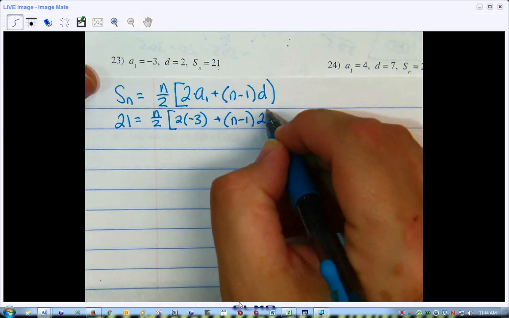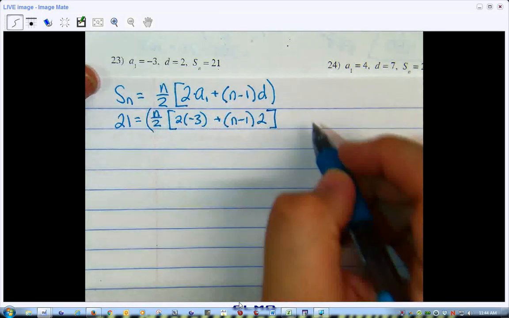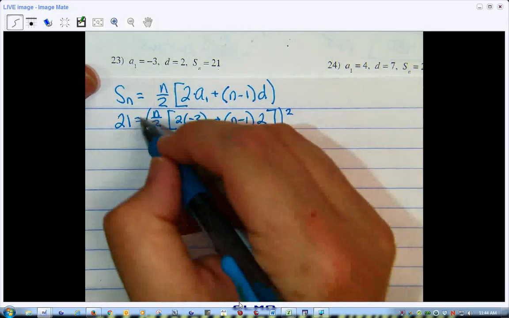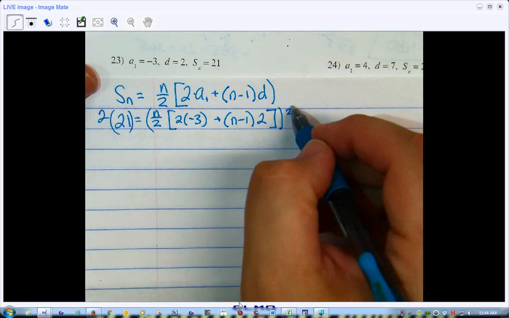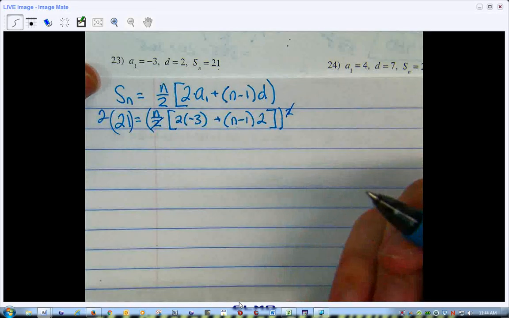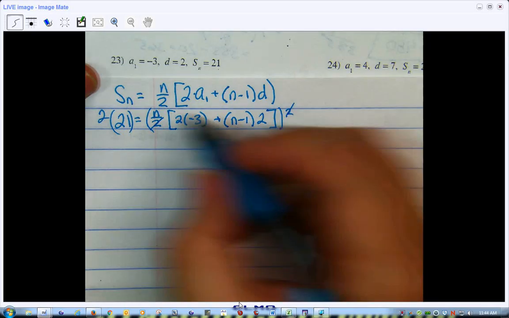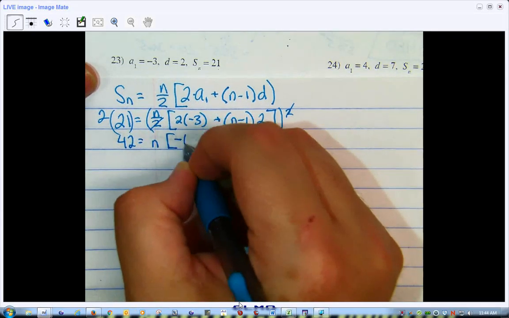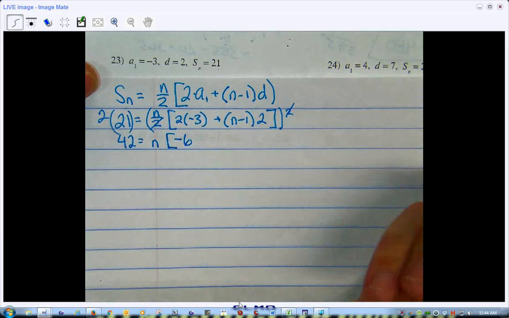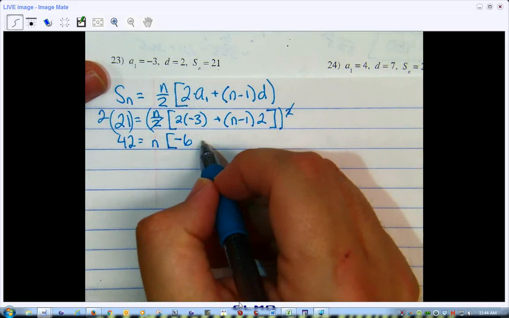All right, first off, I'm going to multiply both sides by 2. The reason is I divide that 2 into that 2, and I'm left with just an n. So I'll get 42 is equal to n times the quantity of negative 6, just did the multiplication there, plus 2n minus 2.